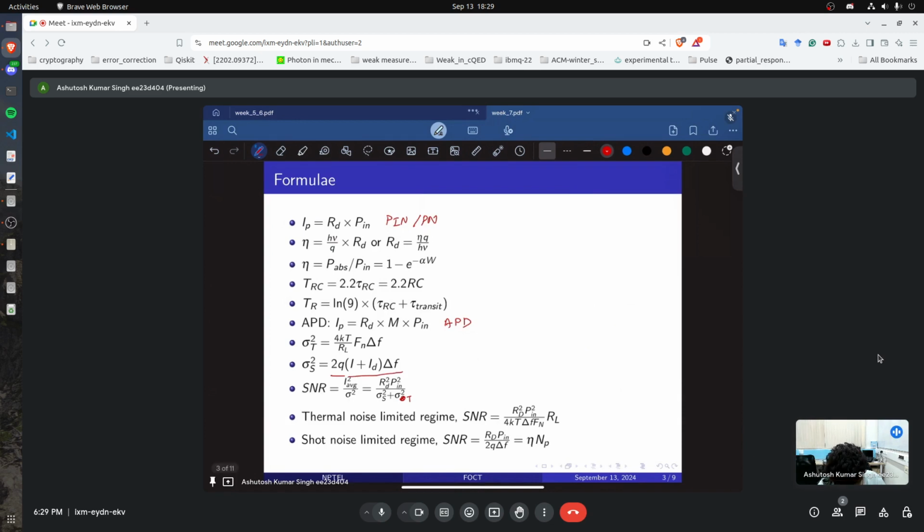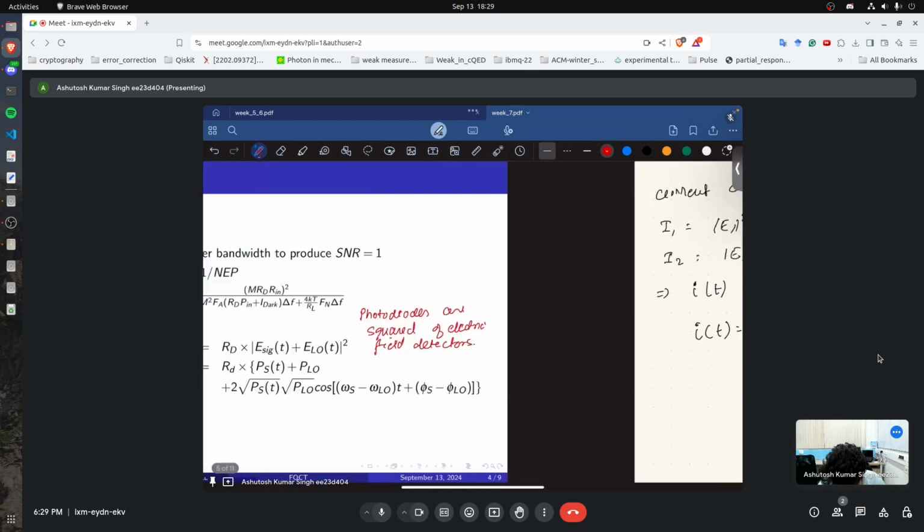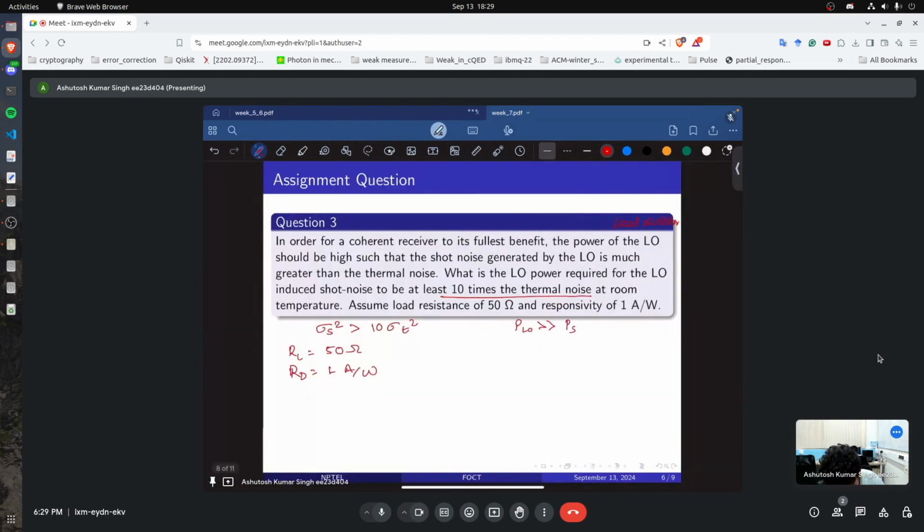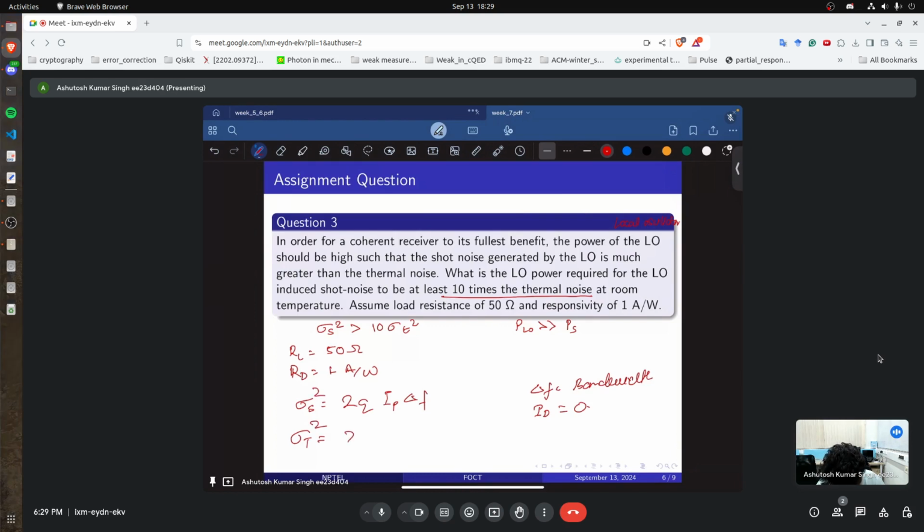And if I assume the dark current to be 0, sigma shot noise squared is given by 2q I del f, where del f is the bandwidth and I_d I have assumed to be 0.